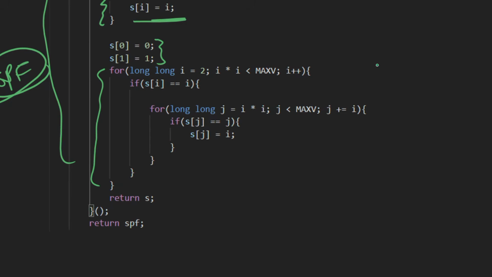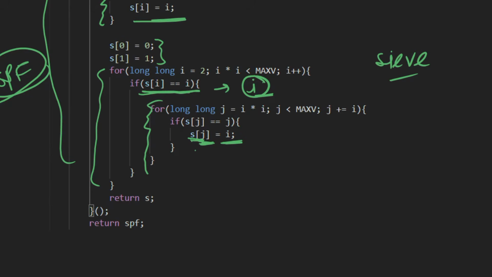Then we use the sieve method from index number 2, and if s of i is equal to i, that means i is a prime number because it hasn't changed yet, right? So if i is a prime number, then we mark all the multiples of that number i as non-prime, that is we mark smallest s of j is equal to i.